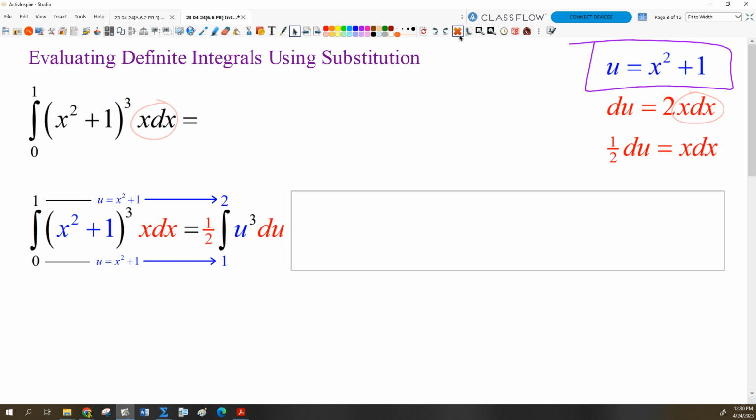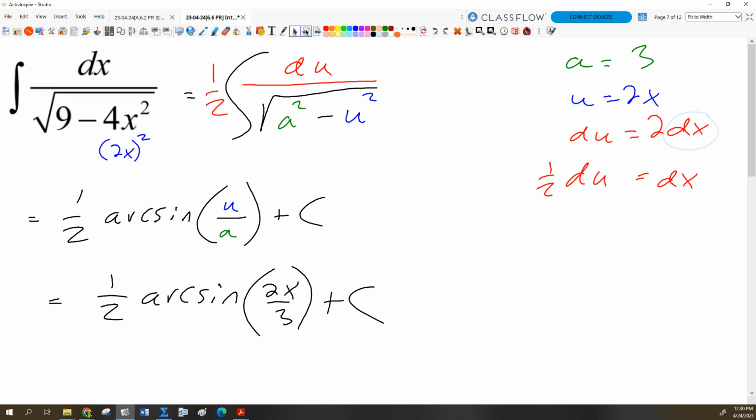Like in the last example, the family of curves was 1/2 arcsine 2/3 x plus c. C could be any value. There's an infinite number of values of c, so there's an infinite number of solutions, but together they make up this family of curves that are just vertically offset graphs of this one, right?